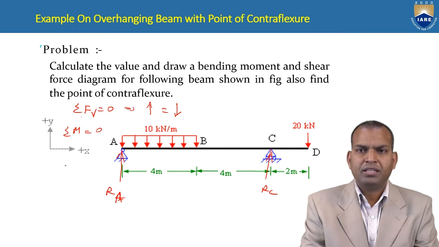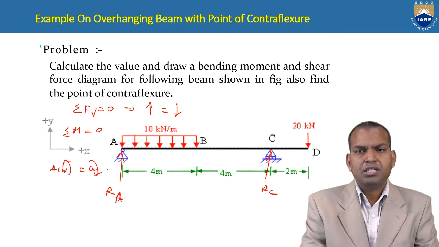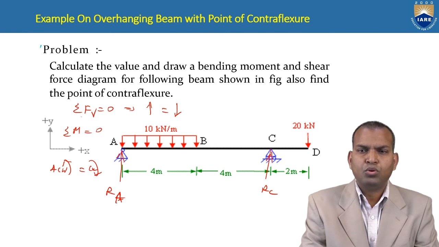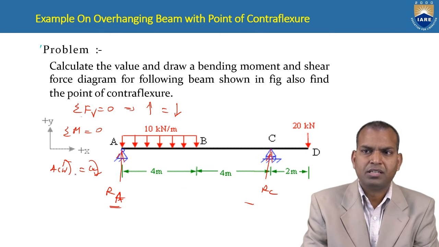That means about that point, the anticlockwise moments equal the clockwise moments. By using these two equations, we are going to find two unknowns, RA, the support reaction at point A, and the reaction at point C, RC.